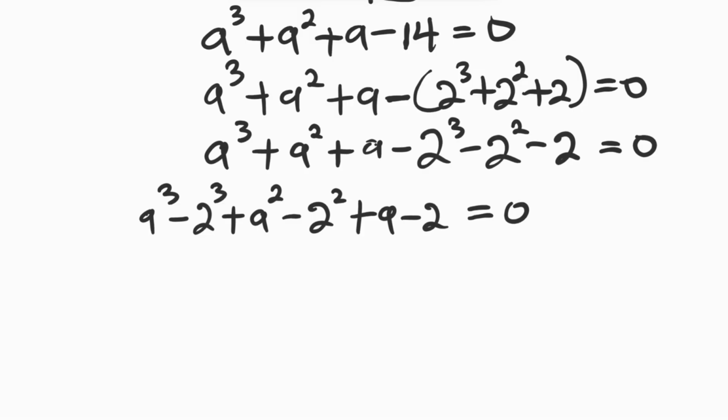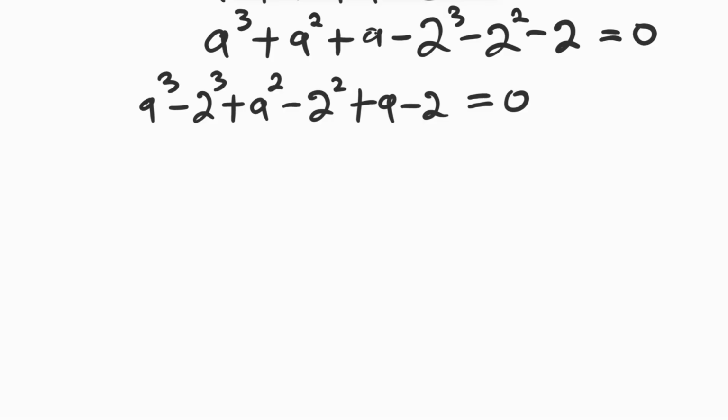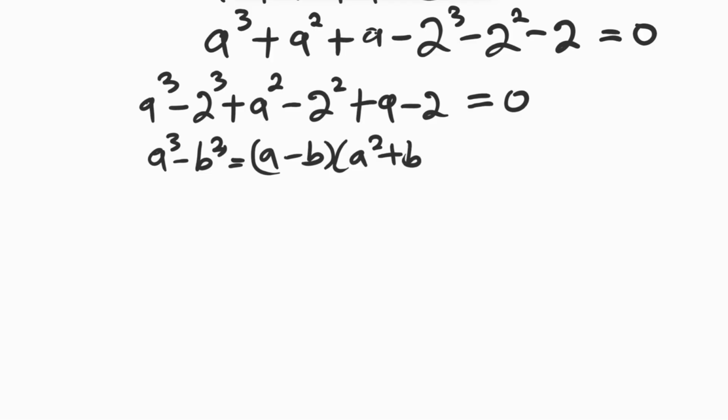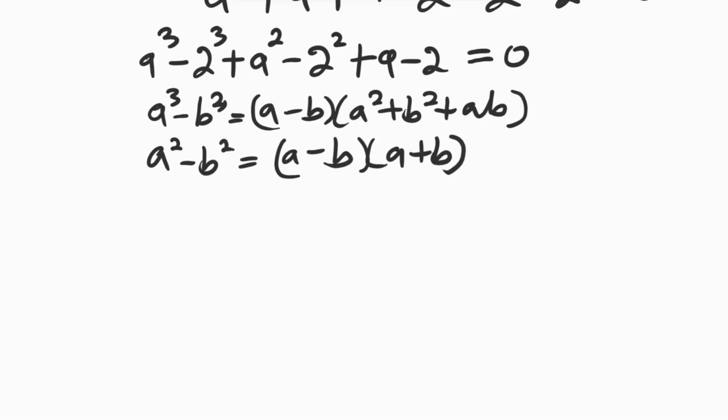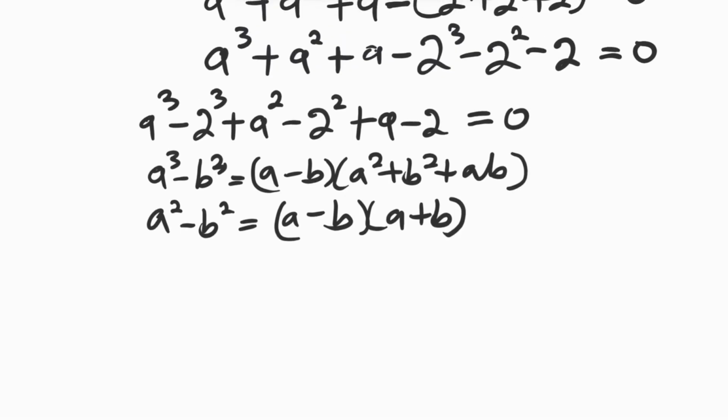Now we know that a cubed minus b cubed is equal to a minus b into a squared plus b squared plus ab. And we also know that a squared minus b squared is equal to a minus b times a plus b. So we're going to substitute these formulas into our equation.